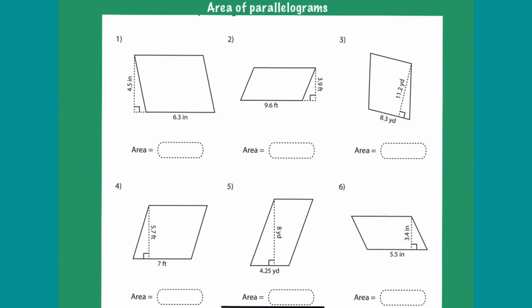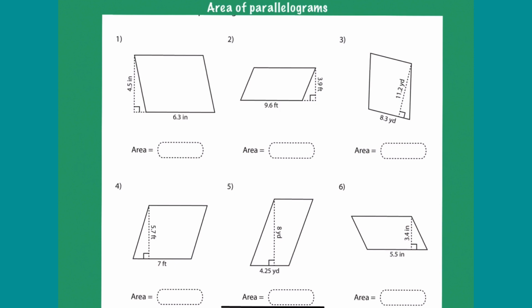Same way in number 2, this is your height, and this is your base. Number 3, this is your height, this is your base. Number 4, this is your height, this is your base. This is your height, this is your base, and lastly, in this parallelogram, this is your height and this is your base.